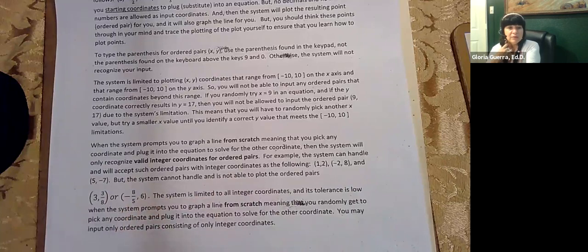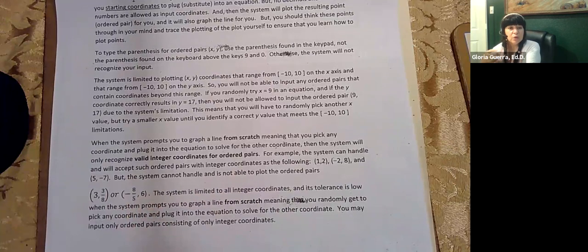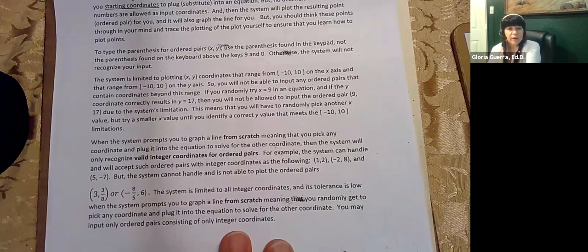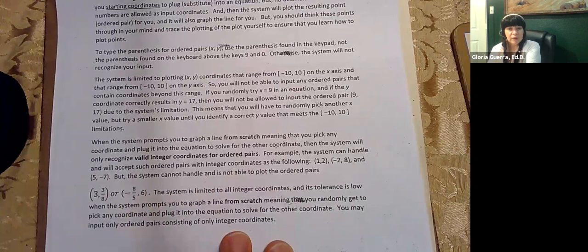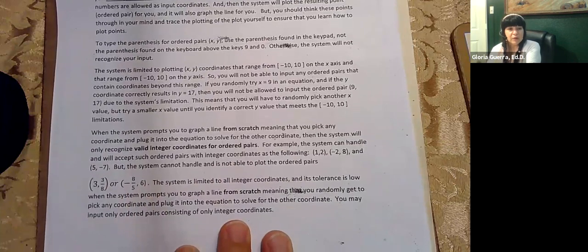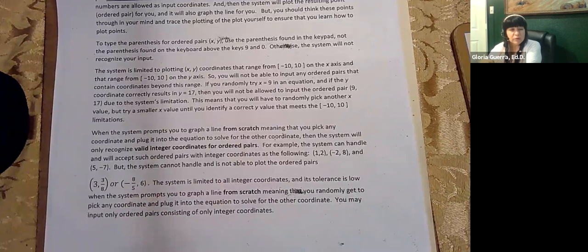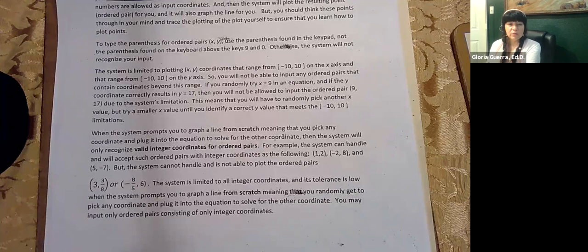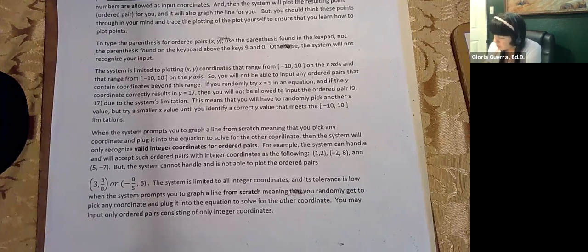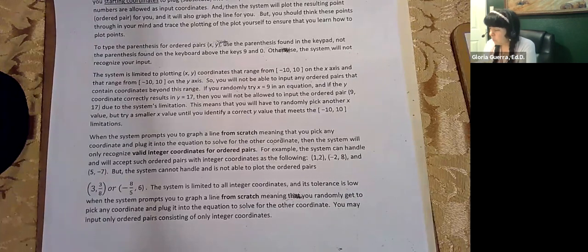The system is limited to all integer coordinates and its tolerance is low when it prompts you to graph a line from scratch. You may input only ordered pairs consisting of only integer coordinates. So there's some of the limitations there on your system, okay?